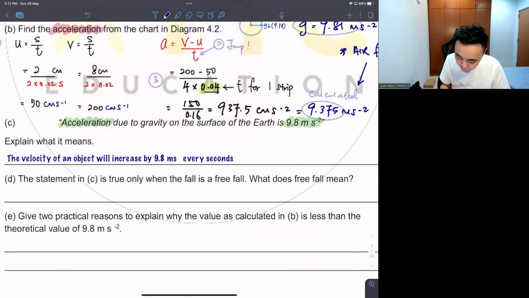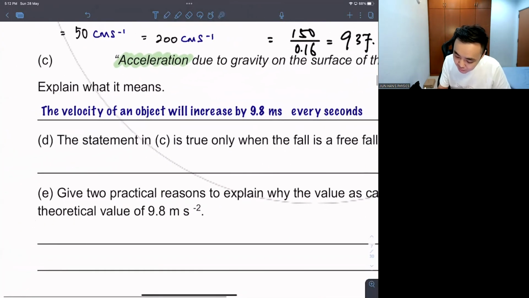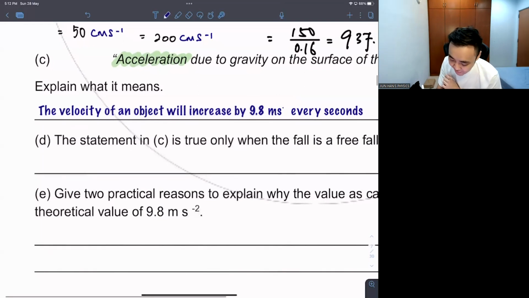Come, question, test you a bit. Minus 1 or minus 2? You read the whole sentence. Velocity of an object will increase by 9.8 ms minus 1. Why? Because what we mean is the velocity increased by 9.8 every second.